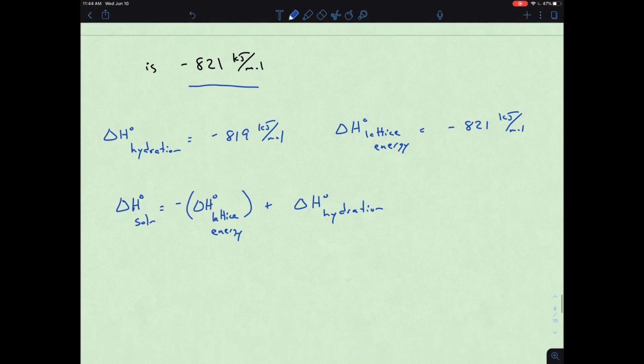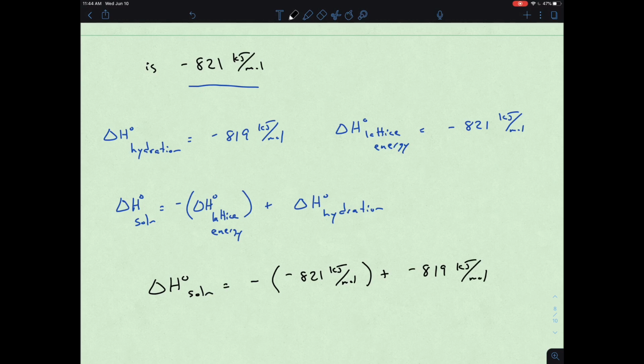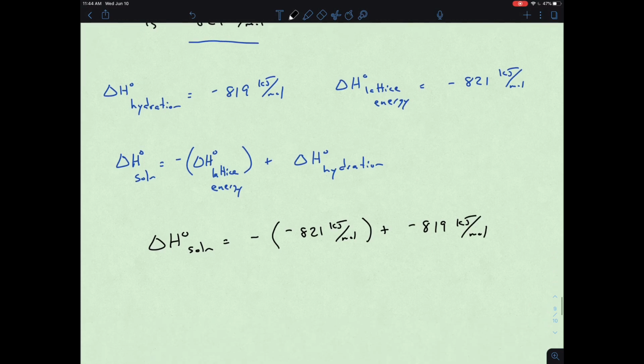So if we plug in our values, we're trying to solve for the delta H of solution. Our lattice energy was a negative 821 kilojoules per mole. Our hydration was negative 819 kilojoules per mole. We have that sign change for the lattice energy.